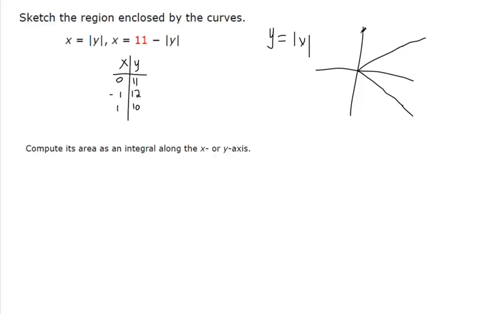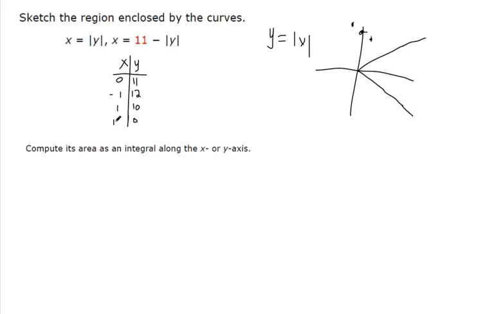So at x equals 0, y is going to be 11. X equals negative 1, y is going to be 12. X equals 1, y is going to be 10. Actually, we haven't seen a switch yet, have we? And then let's plug in y equals 0.